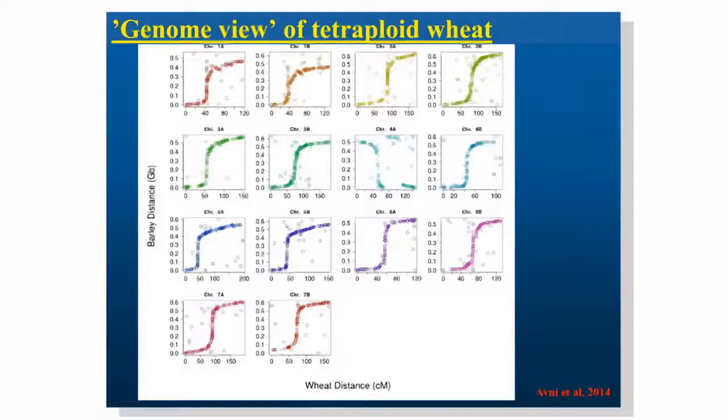So you can see small inversions that happened after the wheat and barley divergence, right? So these are known inversions that we can see. And also inversions and rearrangements that happened in chromosome 4A after the A and B genome divergence.